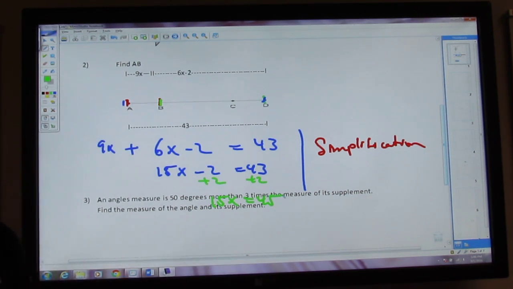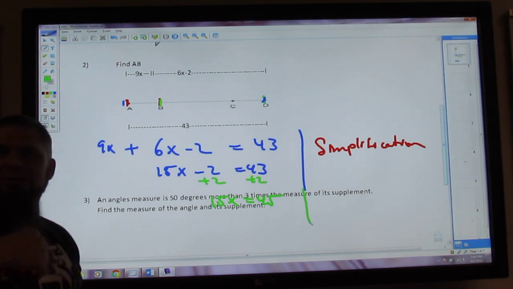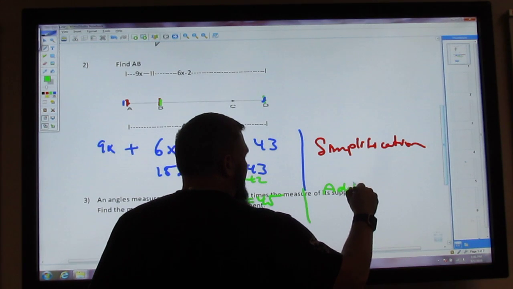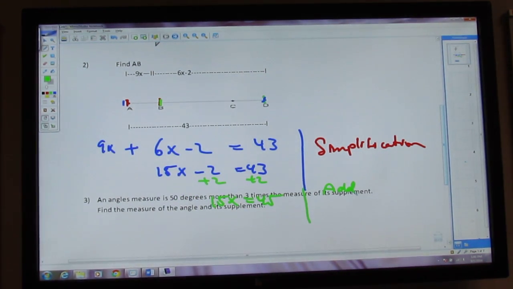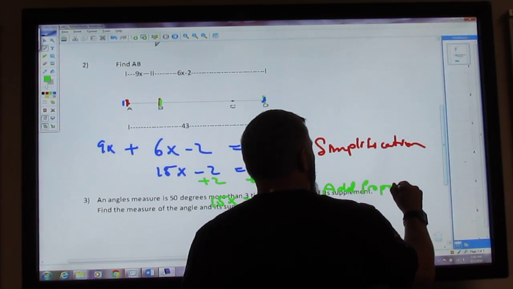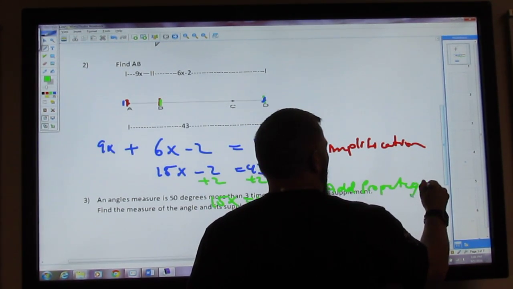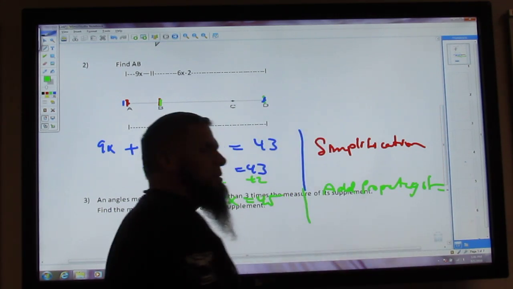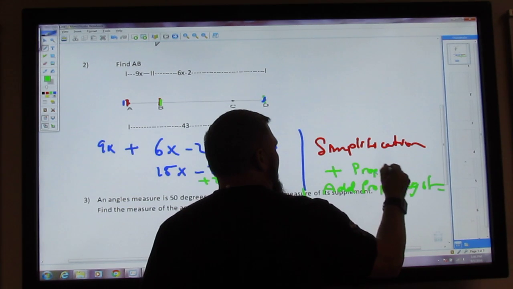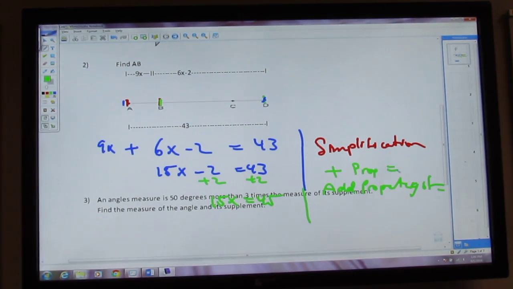What do we call that? Because we do it to both sides, we call it the addition property of equality. What I like to do is just go addition, prop equals.